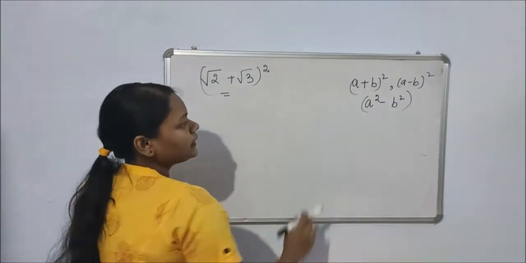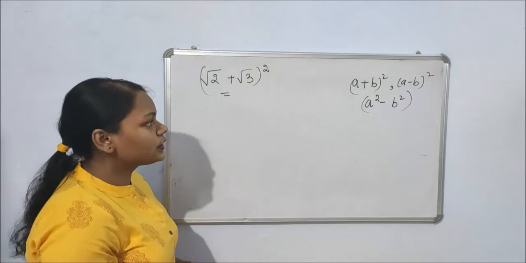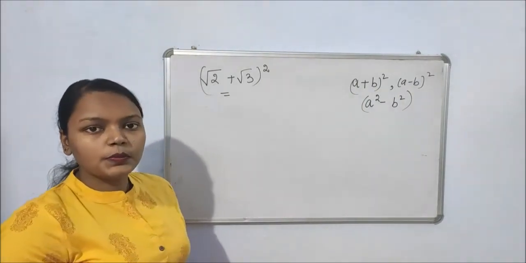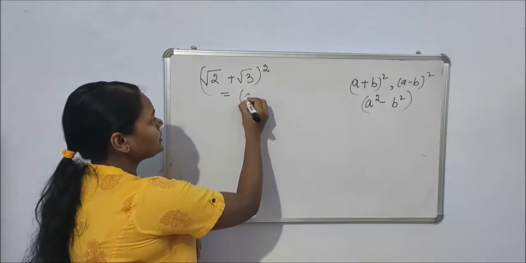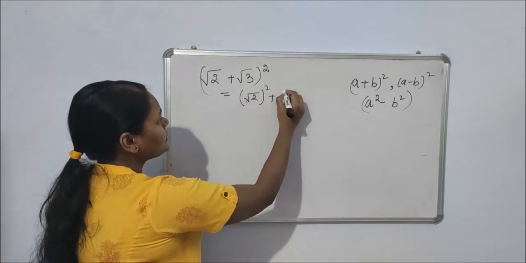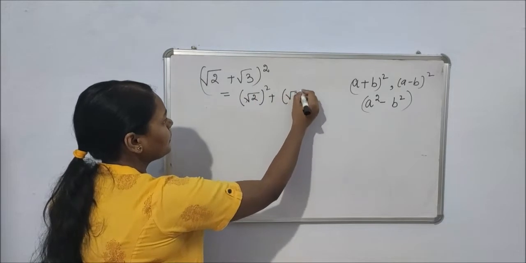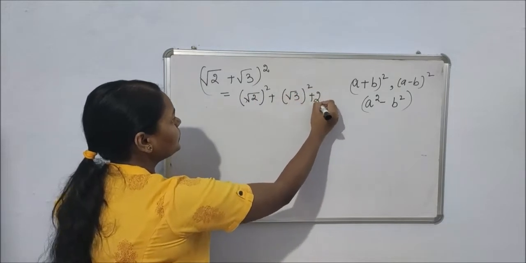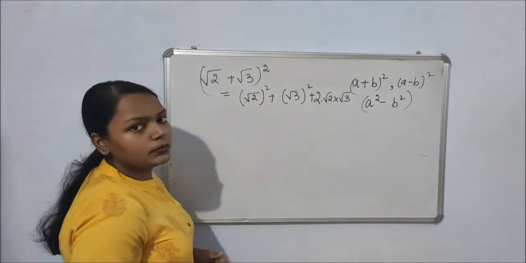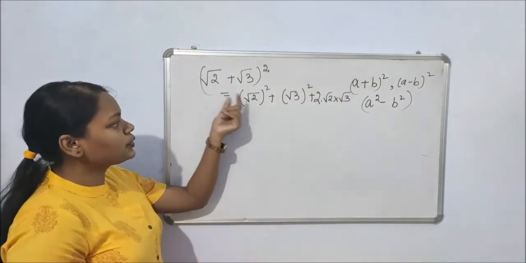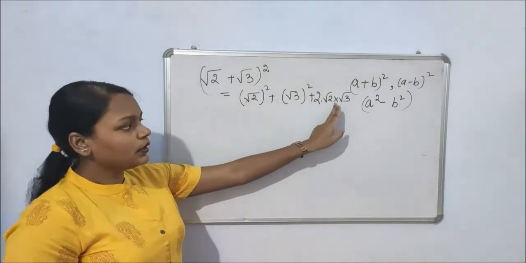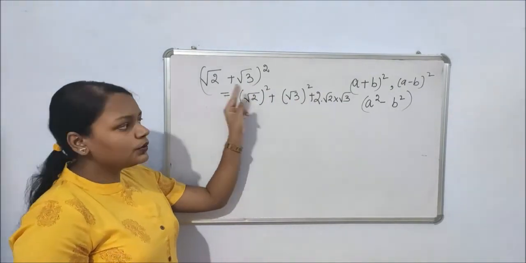Since it is based on a plus b whole square, root 2 can be considered as a, root 3 can be considered as b. So first term square, that is root 2 square, plus second term square, plus 2 times first term into second term. Again, first term square, second term square, then 2 times ab, where a is root 2 and b is root 3.